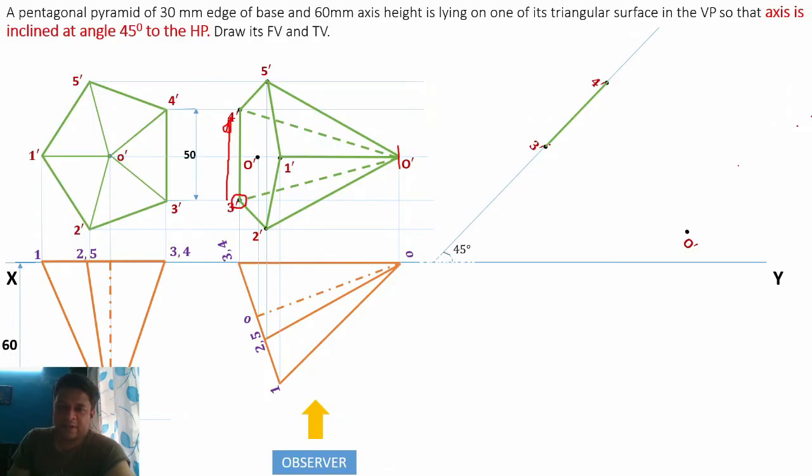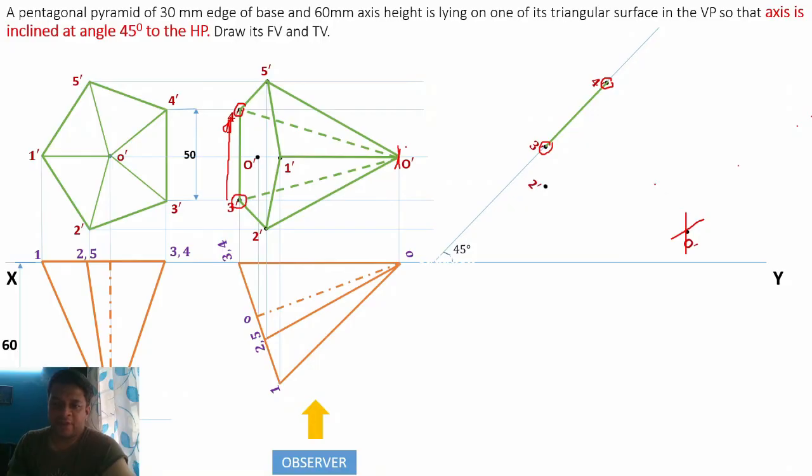Then keep the metal end here and mark one arc here. Then keep the compass on the 4 point, and then mark this distance up to O dash, and then keep the metal end here and mark one more arc here. So here we get this position of the O dash.